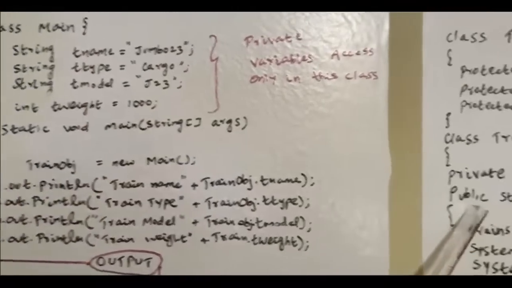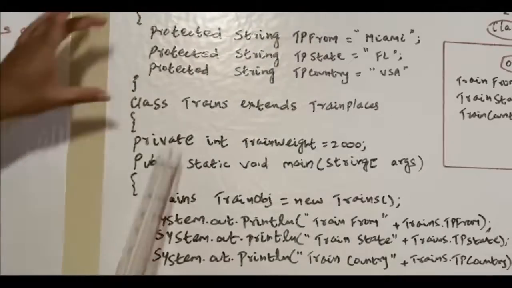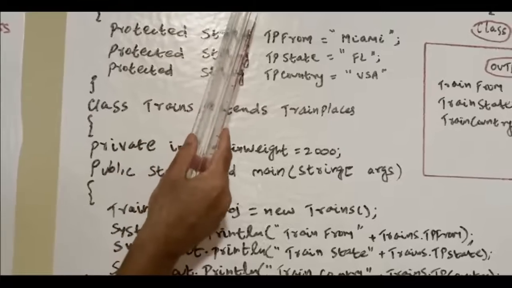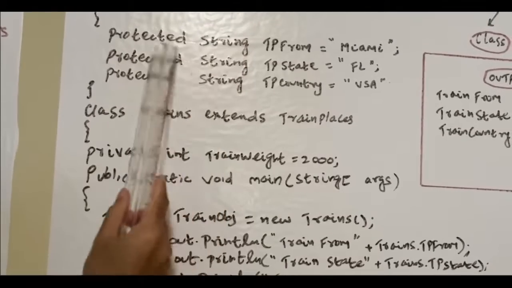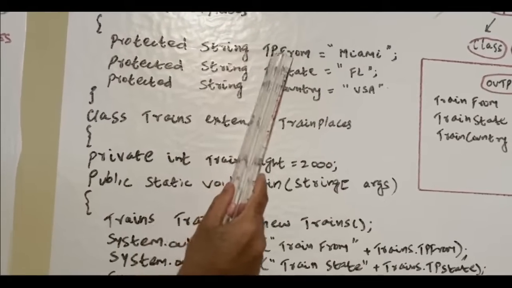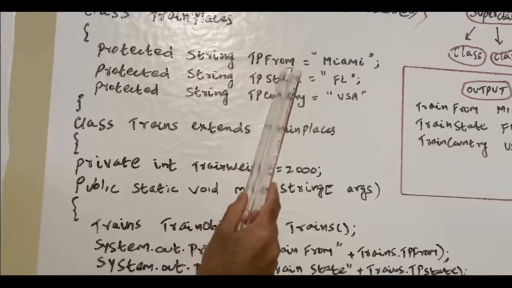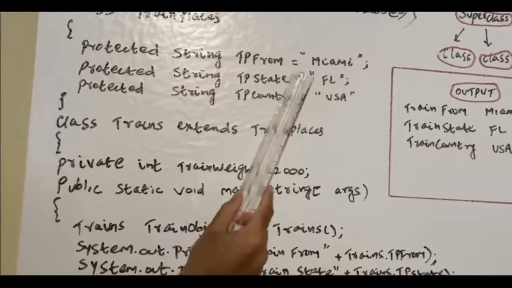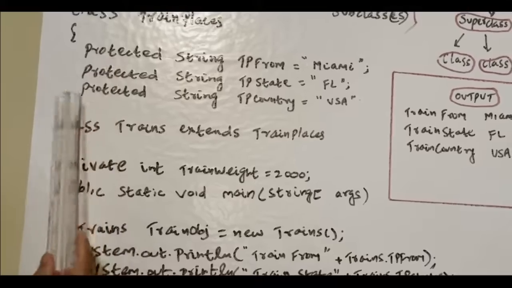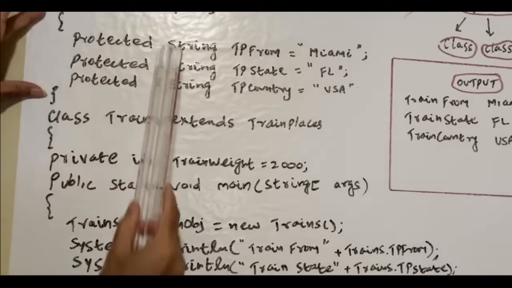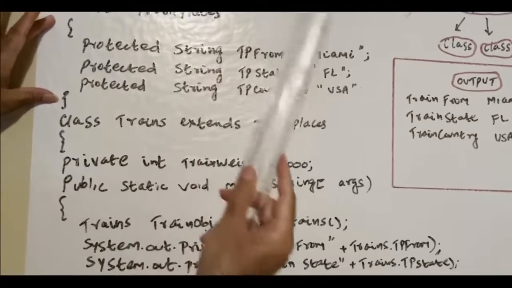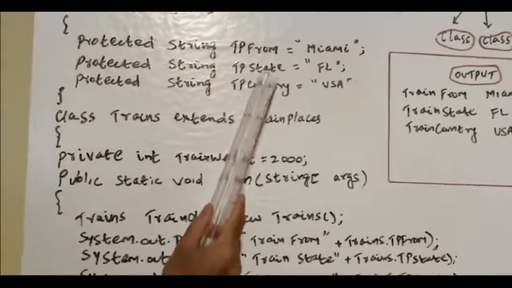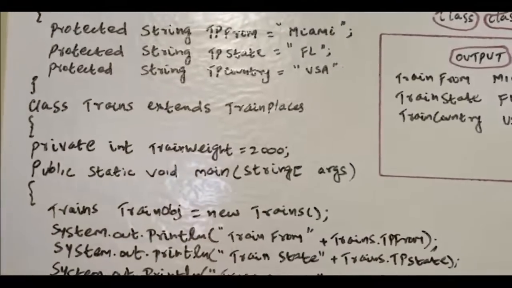But if you see here, it's a separate one. Class train places, it's like a different table. Protected string train passenger from Miami equal to... So we are assigning 3 string variables in a separate class, train places, like a separate table. Protected string train state, train country.